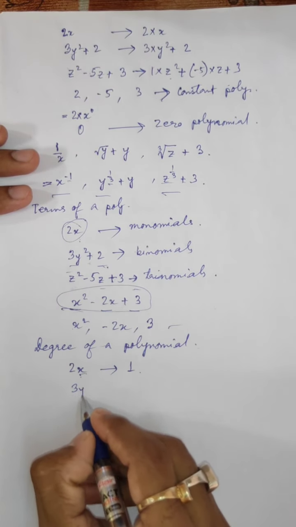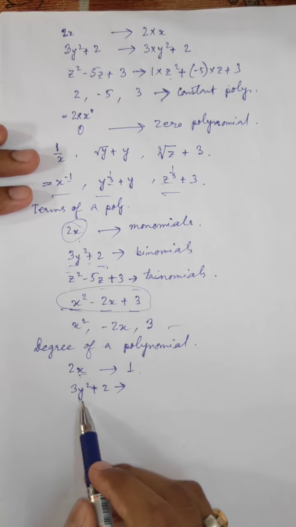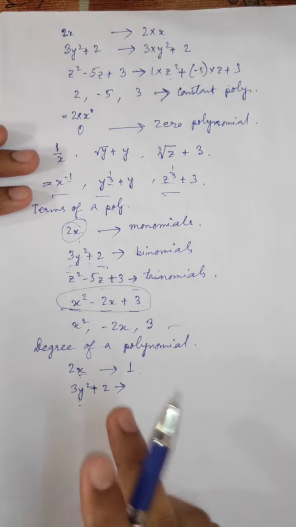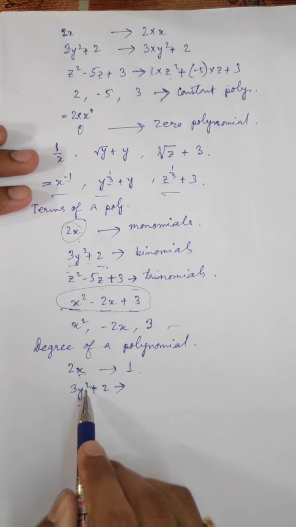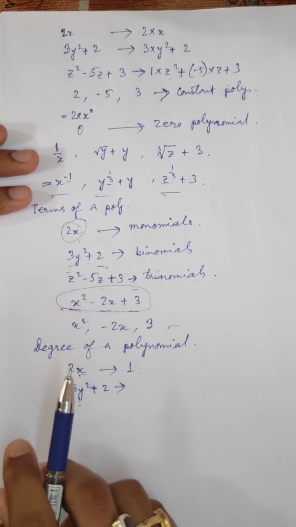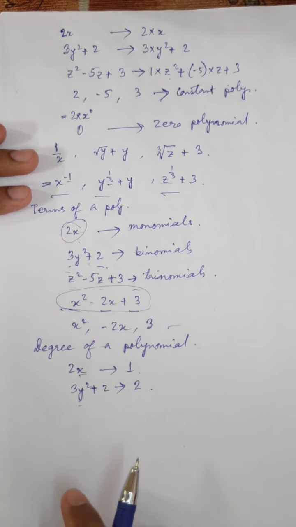If we consider the second, 3y square plus 2, here the variable is y, and the highest exponent in this polynomial is 2. So the degree of this polynomial is 2.